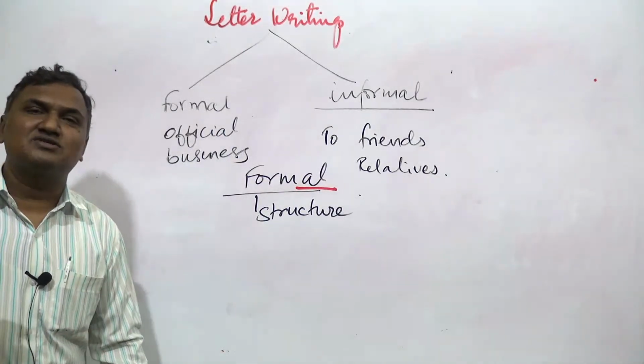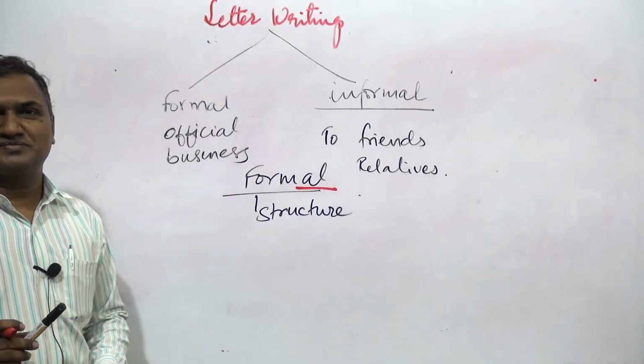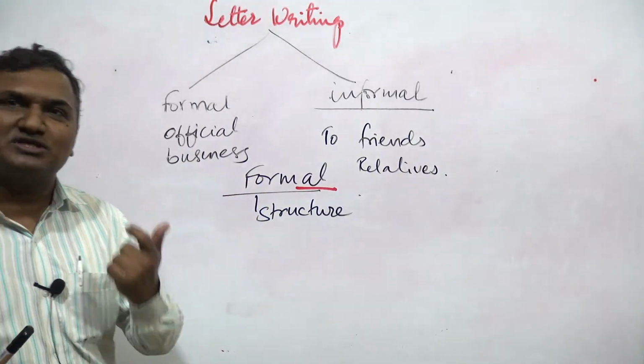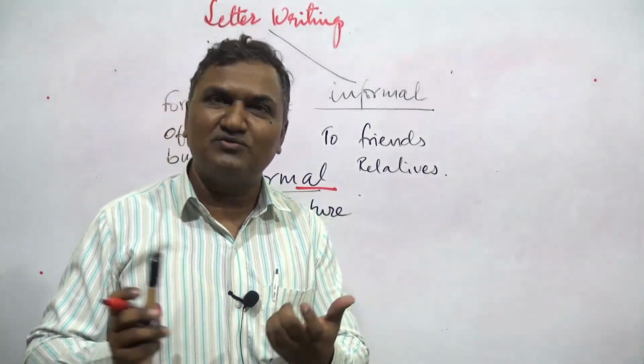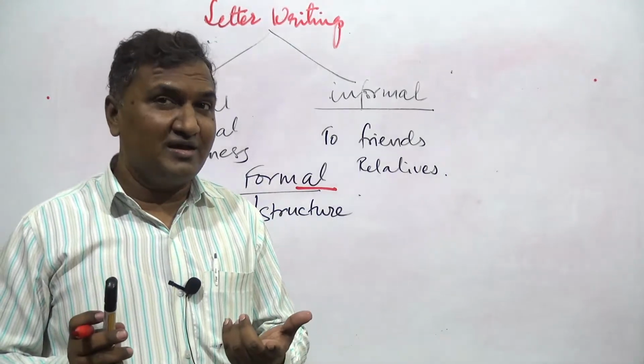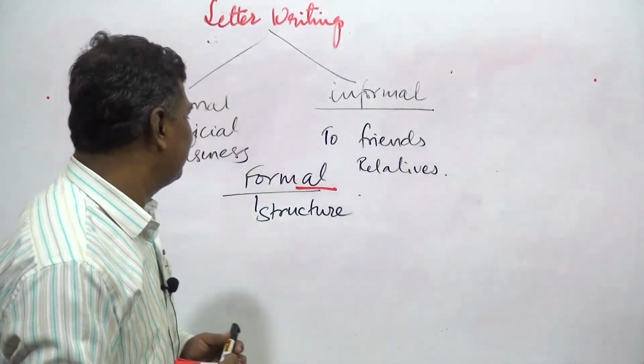In formal letters, what's most important is form. We have to adhere to, we have to stick to, we have to follow this form. If you don't follow form, we are not likely to get more marks. Sometimes no marks at all.